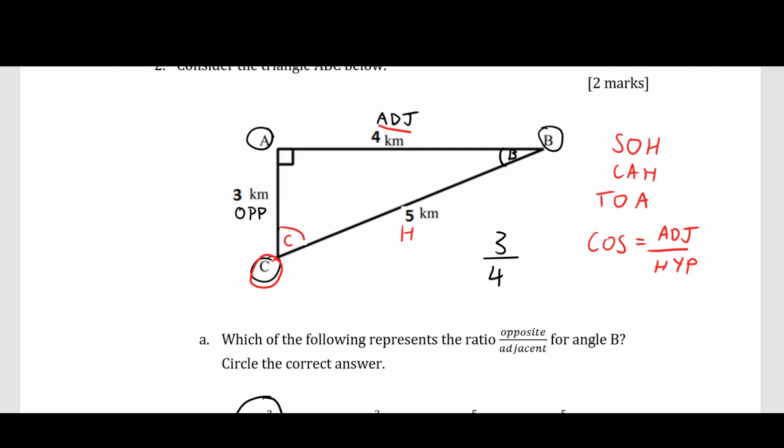And my mistake, that's for angle B. This is the adjacent for angle B. So the adjacent for angle C is here. Adjacent's there, and the hypotenuse is here. So cosine, adjacent on hypotenuse, that's going to be 3/5. So the cosine of angle C is equal to 3/5.